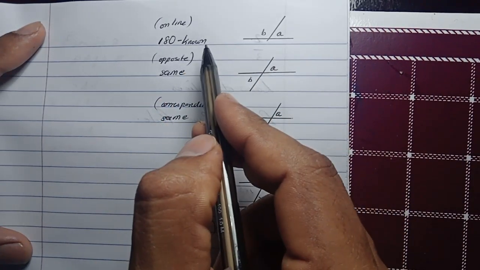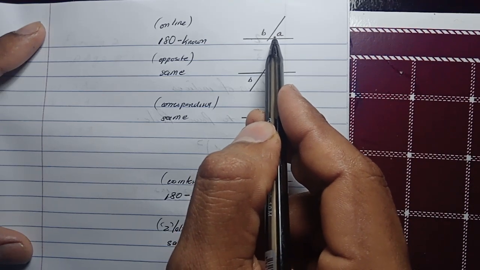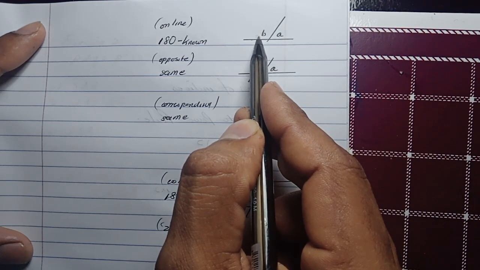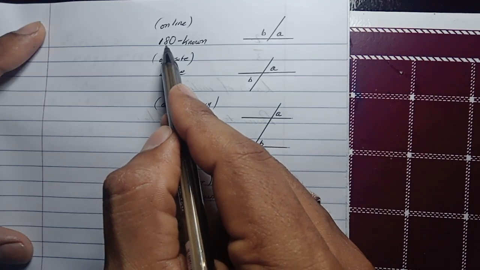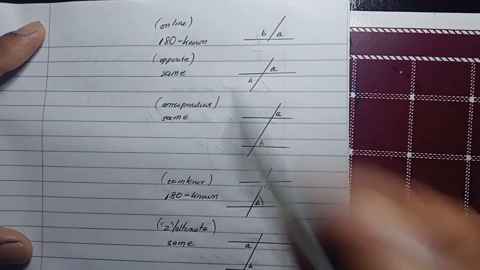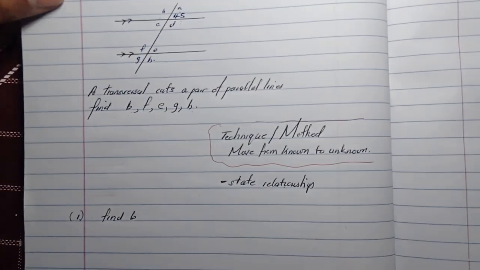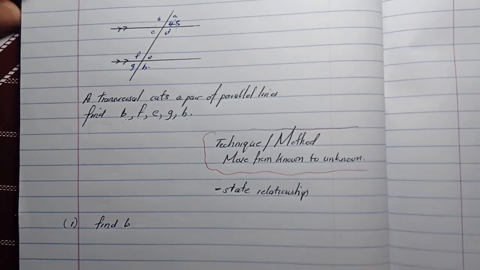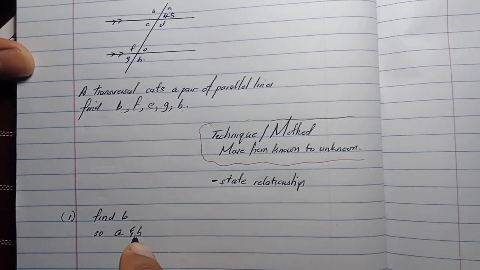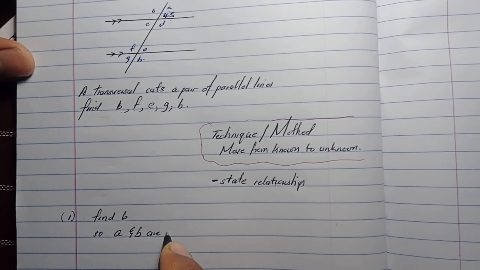So to find the other angle, if you know this one and you have to find the other one, you simply subtract from 180 what you know. So that is what we're going to do. So let's get back. A and B are on a line.